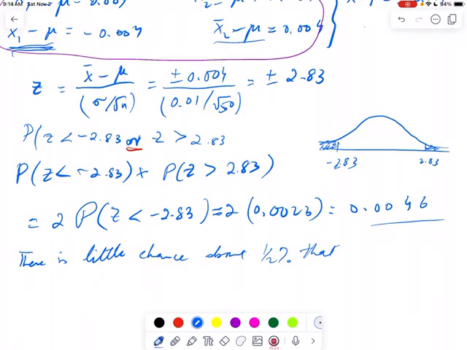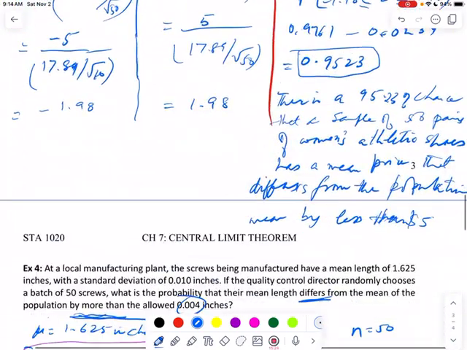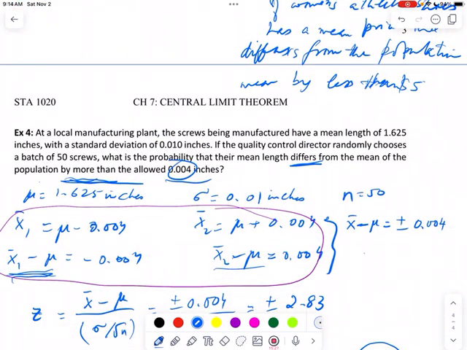That the mean length of a batch of screws will differ from the mean by more than 0.004 inches.